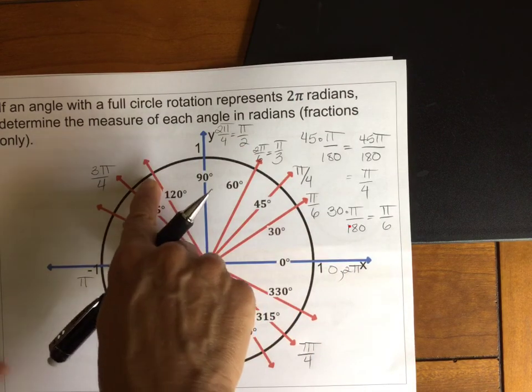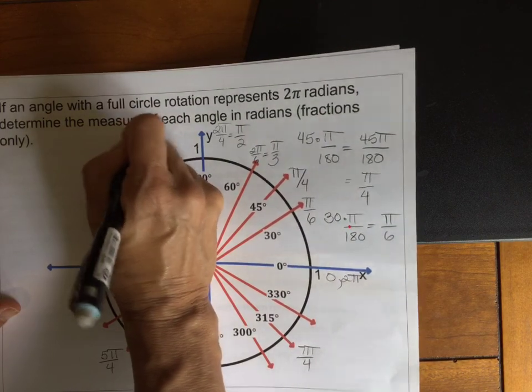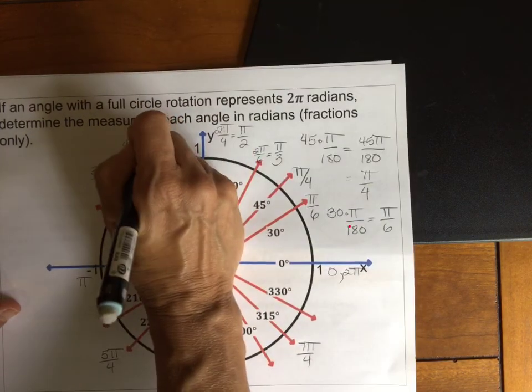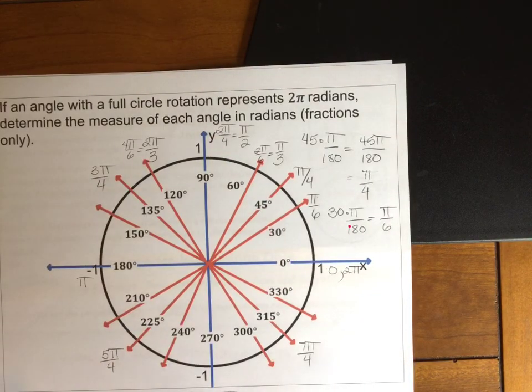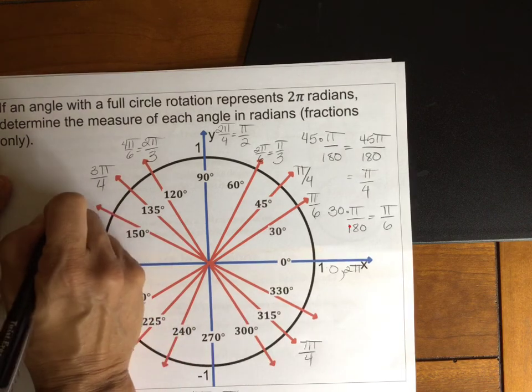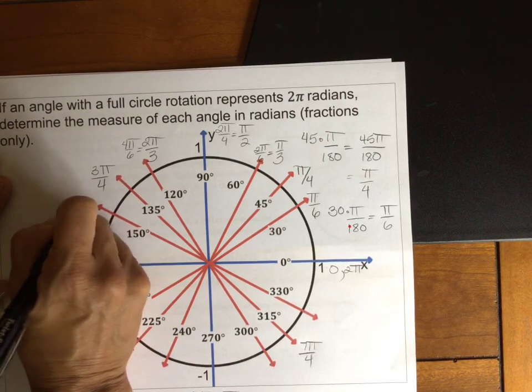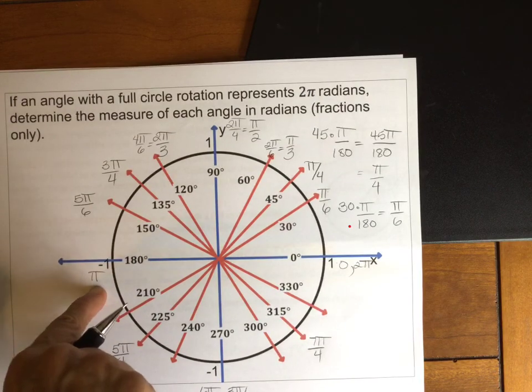Then we come over here to 4 pi over 6, and that reduces to be 2 pi all over 3. Then we're down here at 5 pi over 6. That one just stays. This is 6 pi over 6, also known as pi.